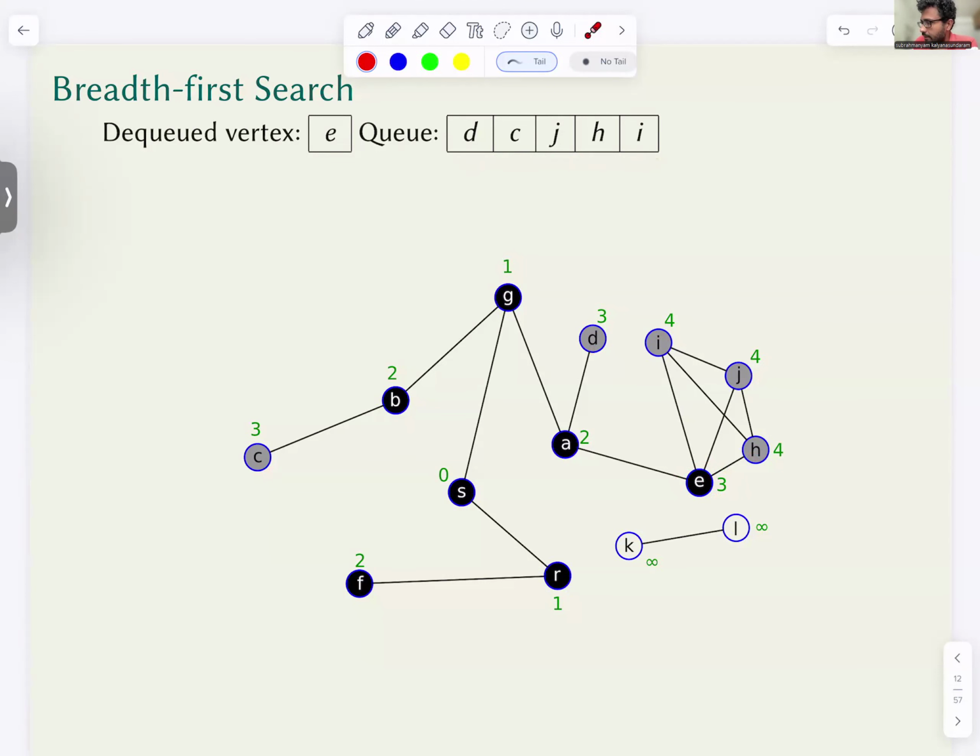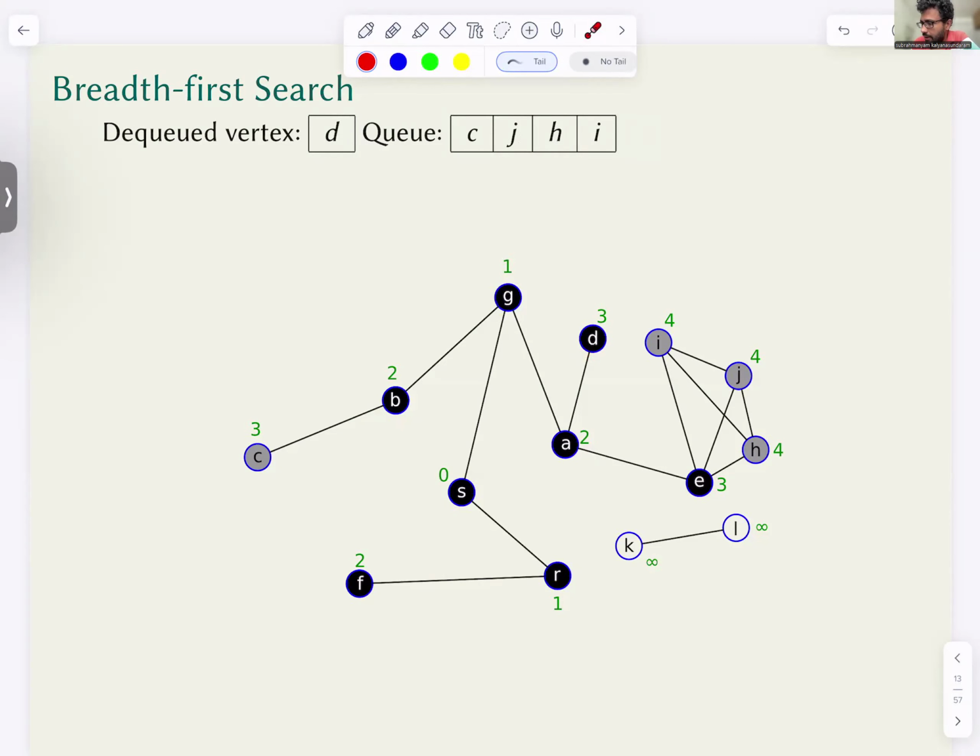Next thing that will be DQ'd is D. There's nothing to be NQ'd because there's no neighbor that is undiscovered. So we'll just DQ D, D will become black. That's it.